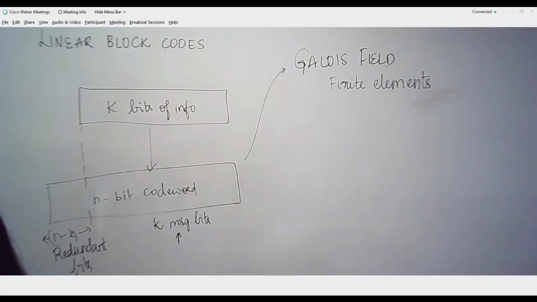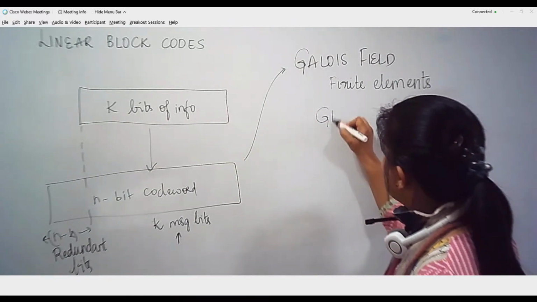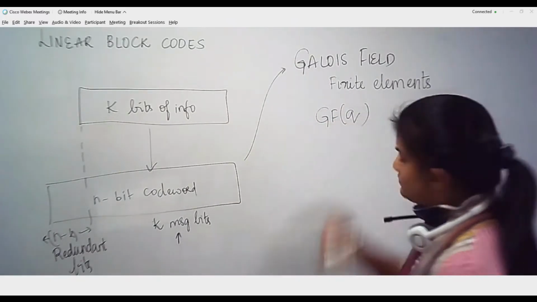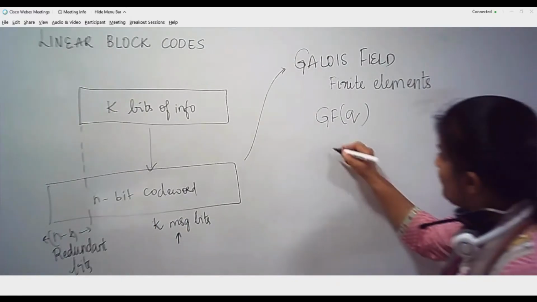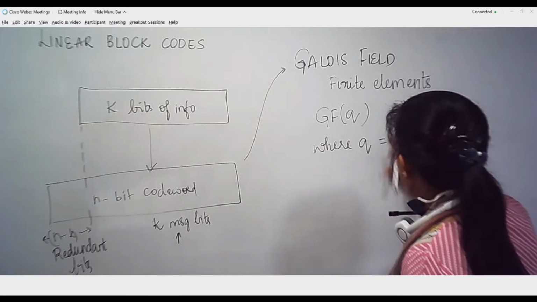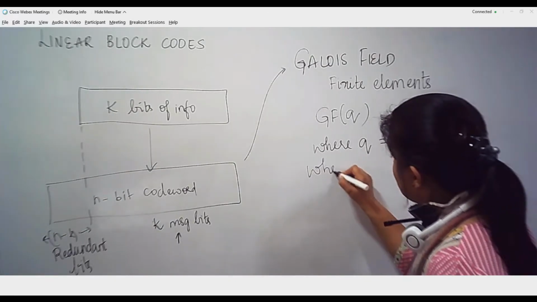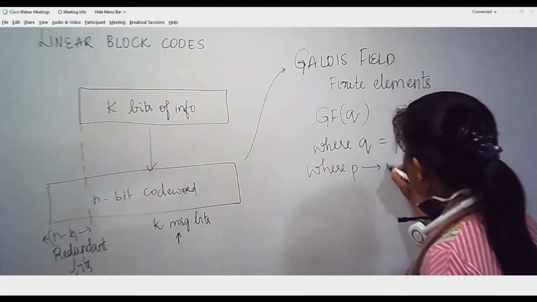How we define this Galois field is, it is represented as GF of Q, where Q is represented as P raised to power M, where P will always be a prime number.